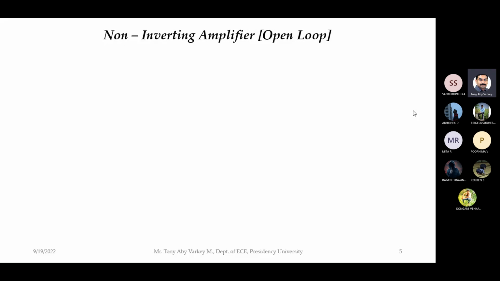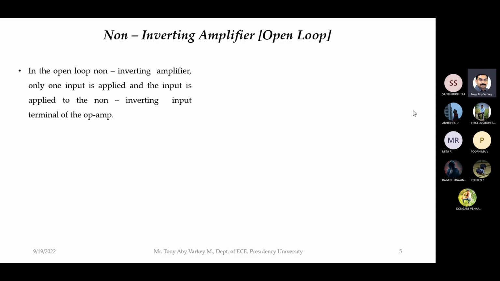So for non-inverting amplifier, where will you connect the voltage input? Non-inverting terminal. So in the open loop non-inverting amplifier, only one input is applied, and the input is applied to the non-inverting input terminal of the op-amp. And inverting terminal, what will you do?